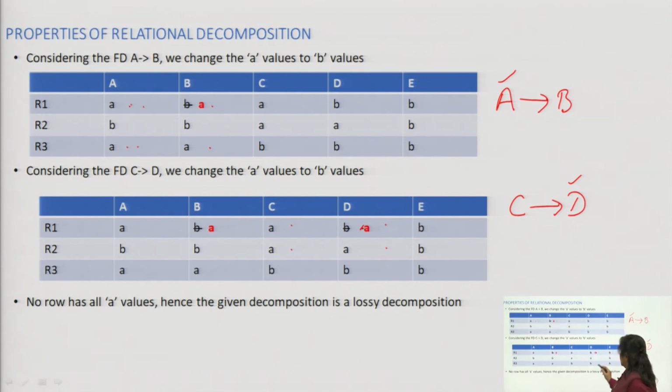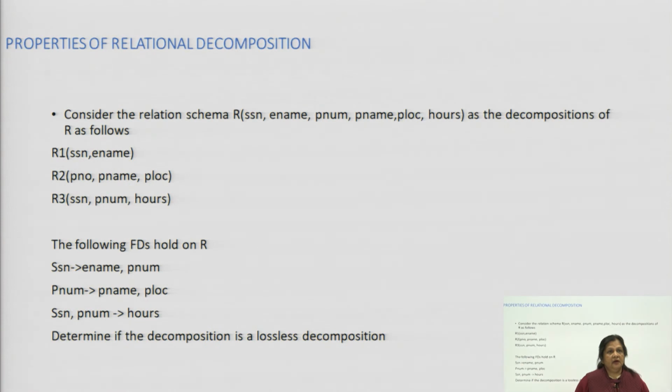In this case we can see that none of the rows has all the A values; here we can see B, B. So, none of the rows has all the A values, and hence it is a lossy decomposition.